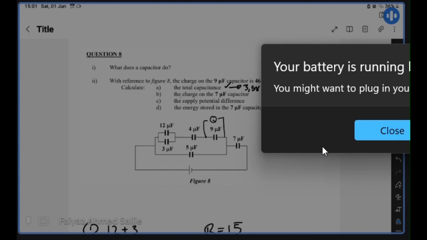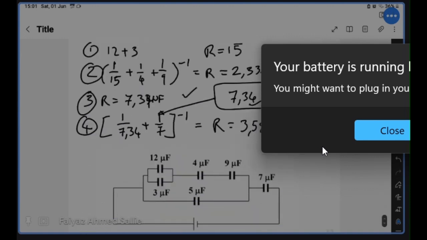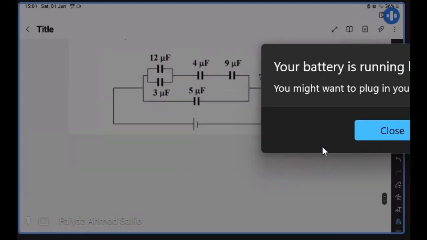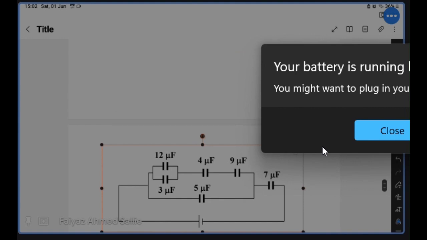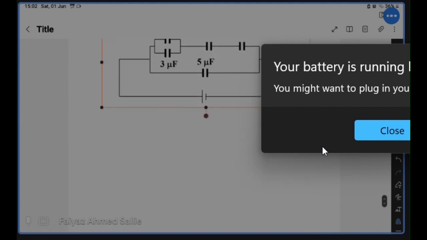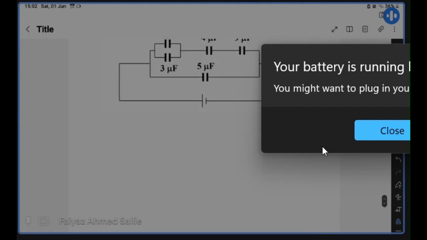This question asks for the charge on the 7 microfarad capacitor, so they want us to find the charge over here. So what we're going to do is add another page, copy this down. So we're going to do number B. They want the charge on the 7 microfarad capacitor.